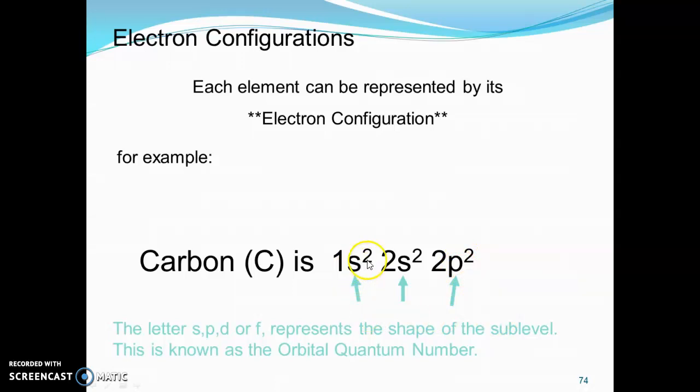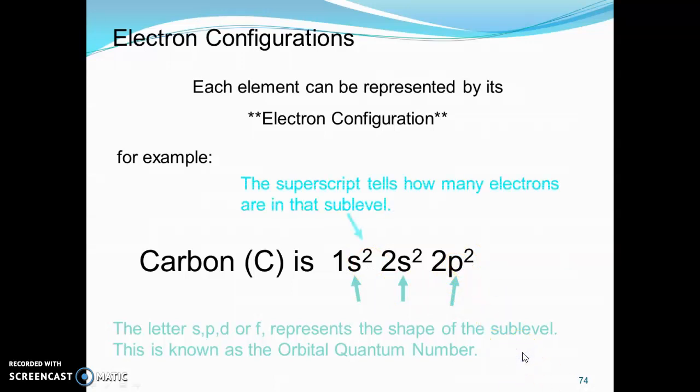Remember, S has a maximum of 2, P has a maximum of 6, D has a maximum of 10, and F has a maximum of 14. And then the superscript tells you how many electrons are found in that particular sublevel. So you don't max them out. At least the last one you don't have to max out.